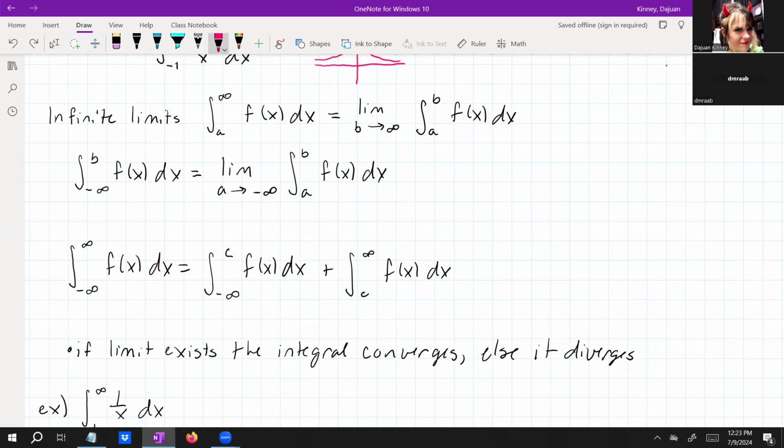If you're curious, the normal distribution uses this. I'm sure everyone's heard of the normal distribution. We have the bell curve, area under the curve. Your function here will never reach zero, but we can find the area under this curve using this technique.